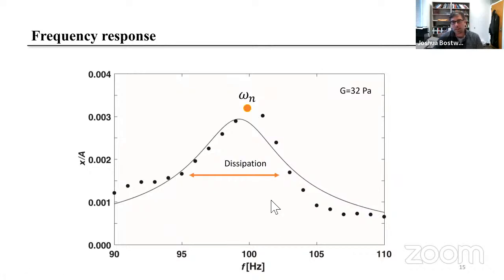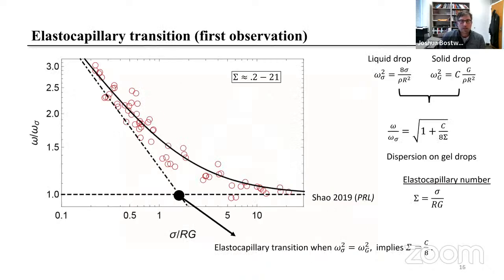This is sharply peaked and has a characteristic bandwidth that we typically associate with the dissipation. So what we're going to do is try to correlate our experimental observations with the theoretical model to infer what these material properties are. But before we do that, we'll talk a little bit about the characteristic behaviors for these drop oscillations.